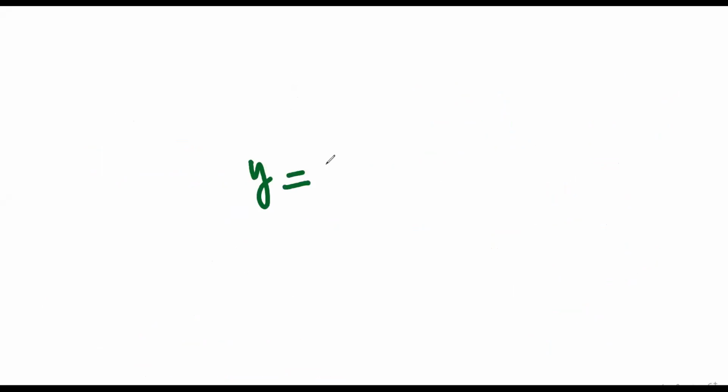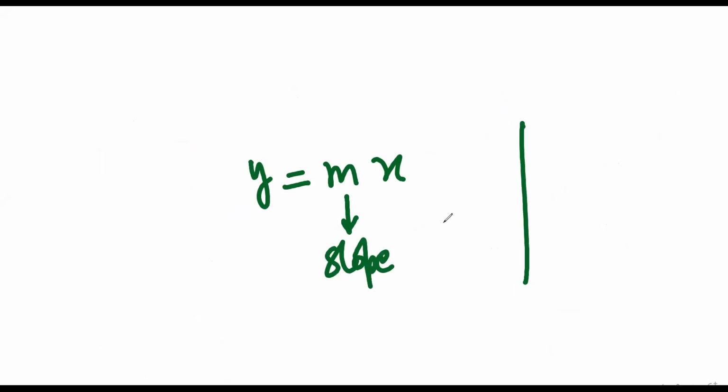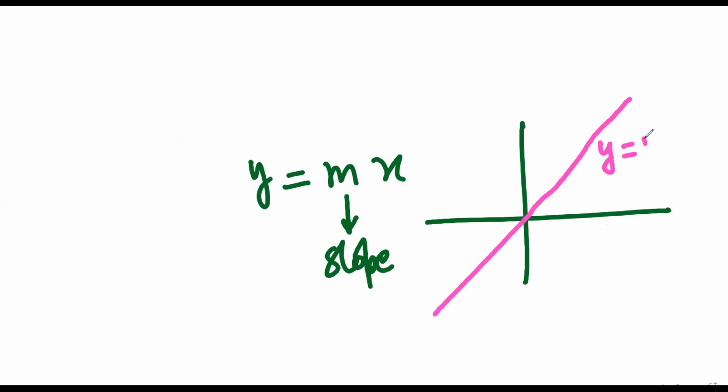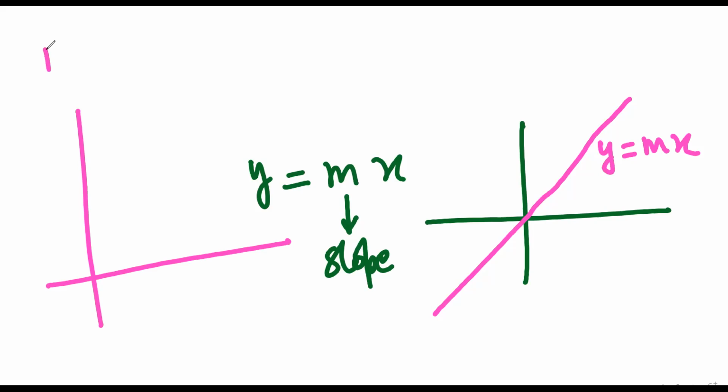So Mr. CB has given the right answer. If y is equal to mx, then m is called the slope of the graph. Any doubt, Avantika? No. Now, if you remember your class 10th maths, this y is equal to mx used to look something like this. Any doubt? No. Now, the law is the same.